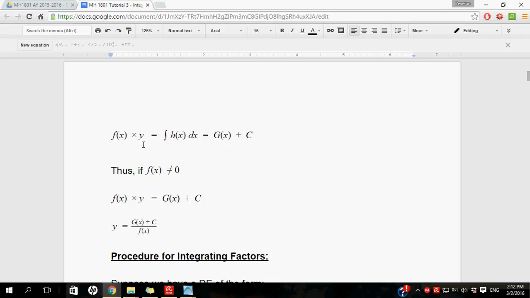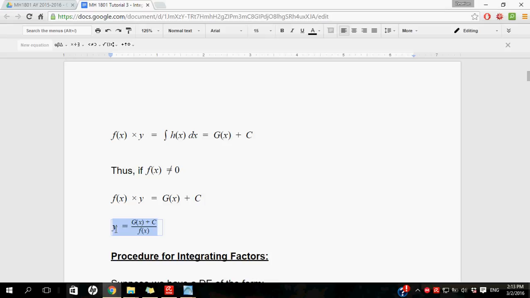To get to y, we make the assumption that f of x is not equal to 0. Let us suppose it is true. Then you can divide throughout the expression by f of x, and so we can produce y in this form: g of x plus c divided by f of x is equal to y, and that is the solution to our differential equation.